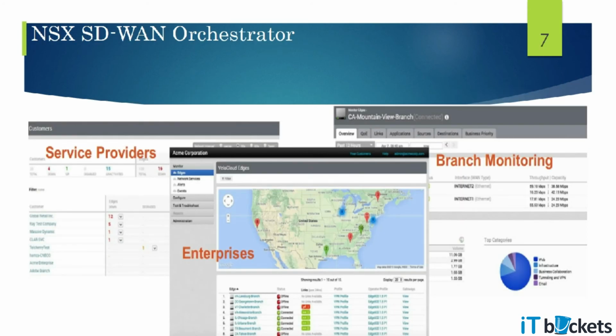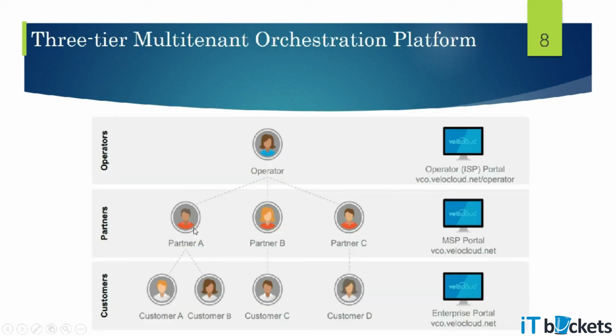NSX SD-WAN Orchestrator. Here you can see the configuration and monitoring page of the orchestrator. All have different web portals: service providers have different portals for orchestration, enterprises have a different portal for orchestration, and branch monitoring has a different orchestration web portal. As you can see in this diagram, here is a three-tier, multi-tenant orchestration platform.